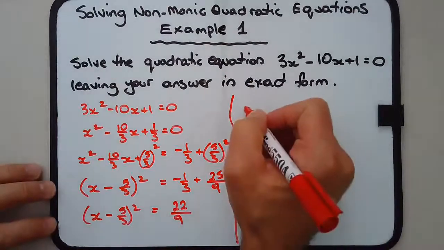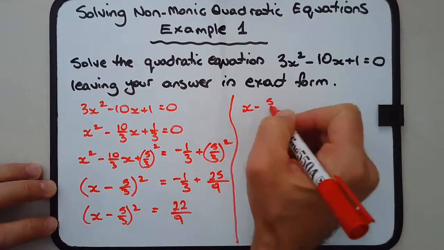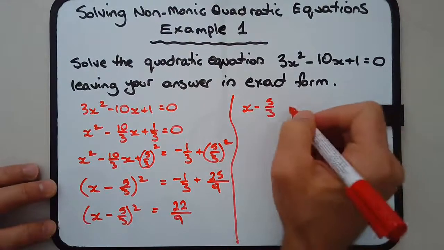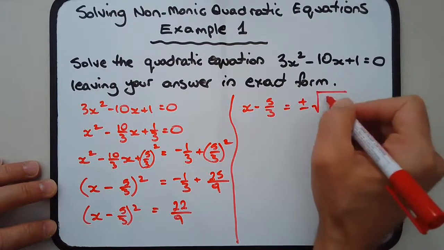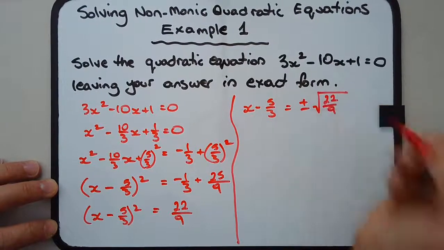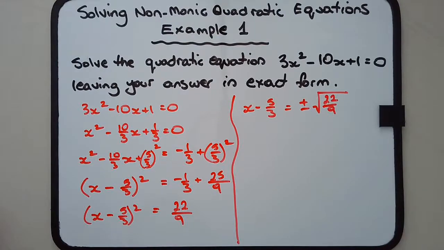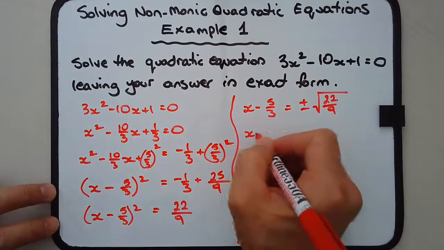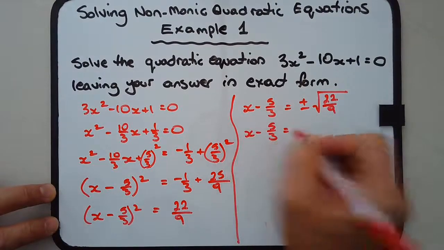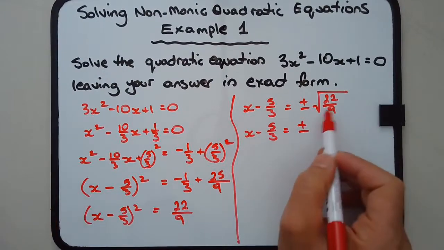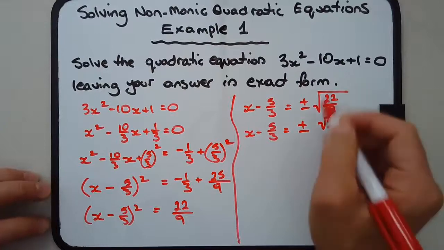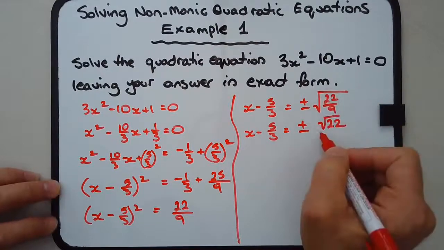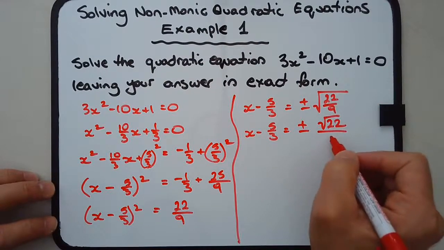So we'll have x minus 5 on 3 is equal to plus or minus the square root of 22 over 9. Now the square root of 9 is just 3, so we can express the surd on the right-hand side as root 22 over 3.